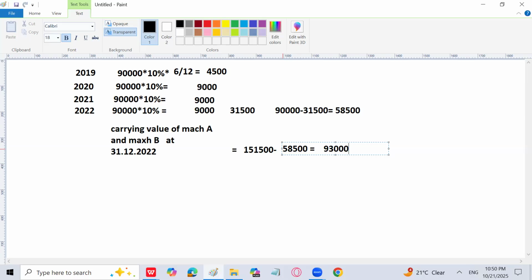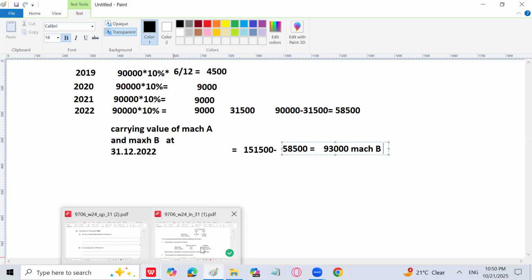I want to find the carrying value of machine B. It's very simple because we have only two machines, A and B. So the total carrying value of machine A and B on 31st December 2022 is 151,500 minus the carrying value of machine A, 58,500. So we can get the carrying value of machine B, that is 93,000.